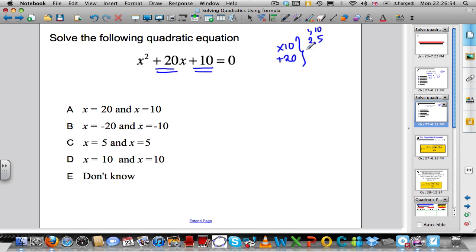And 5 and 2, and 10 and 1, but none of these can add to 20, so I'm a bit stuck here. I can't actually factorise this quadratic to use the factorising approach. So I'm afraid at this stage I don't know what the answer is in this case.